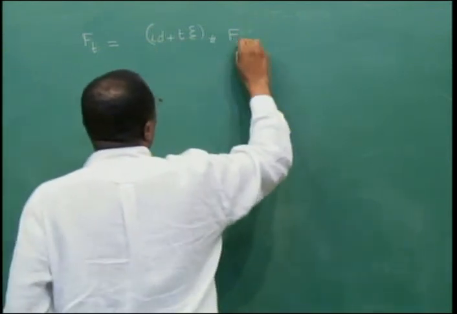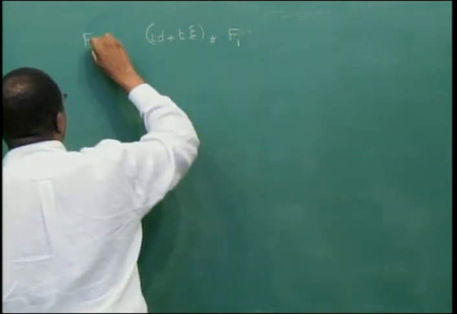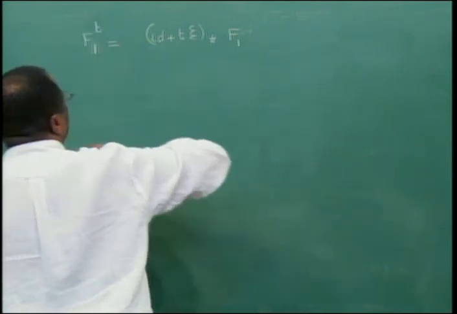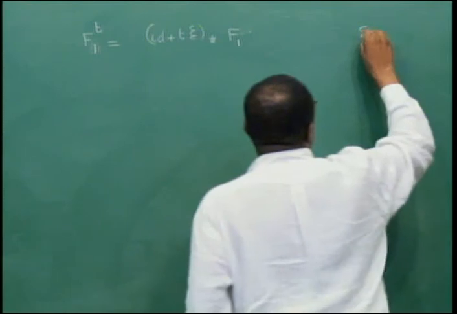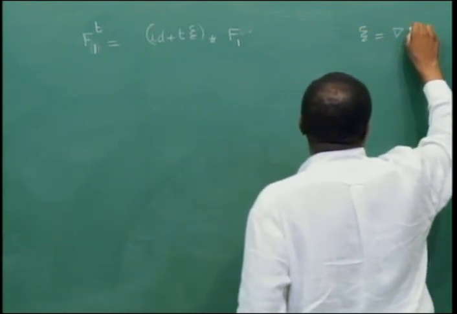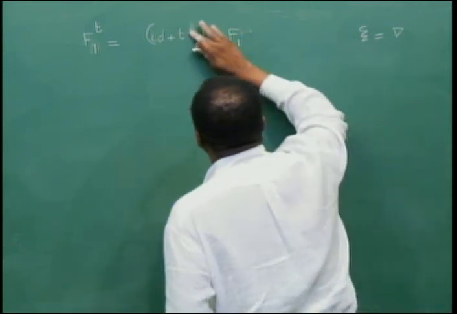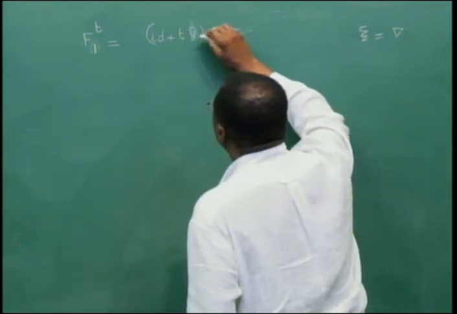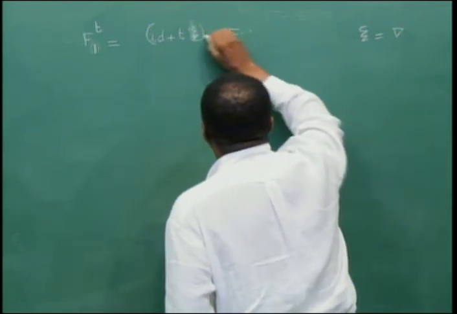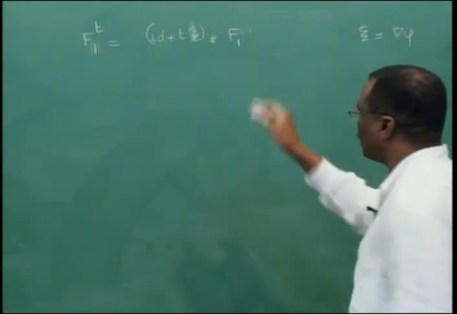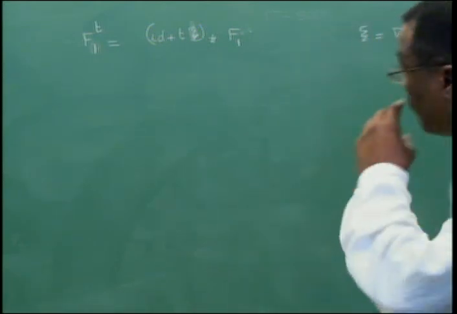So it was f1, and let me call it f1t. And this is the gradient of a function, gradient of phi, so that we have a convex function.